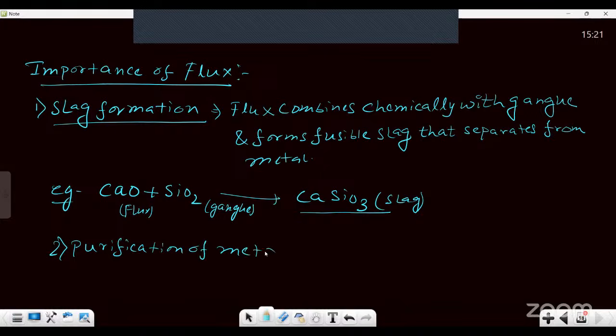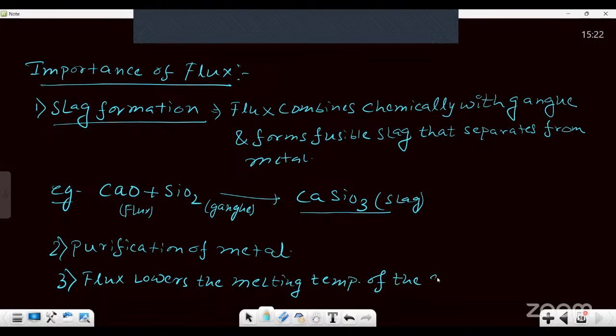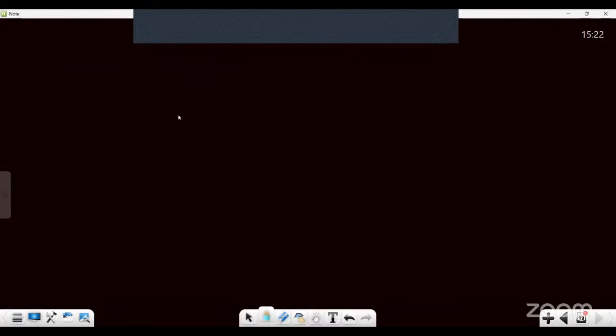Apart from that, temperature control: flux lowers the melting temperature of the gangue. So smooth furnace operation, all these are basically maintained by the flux, which is important.